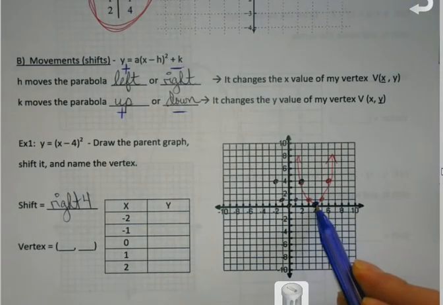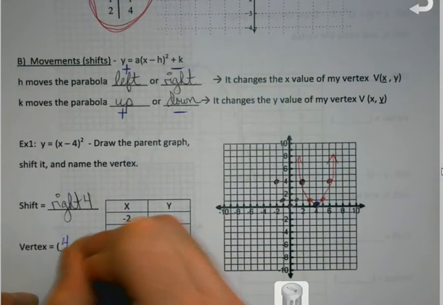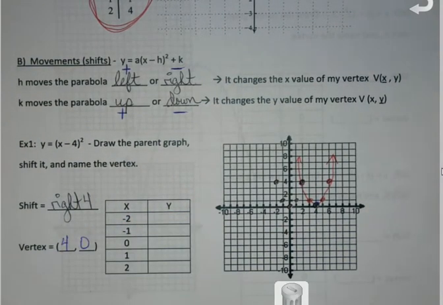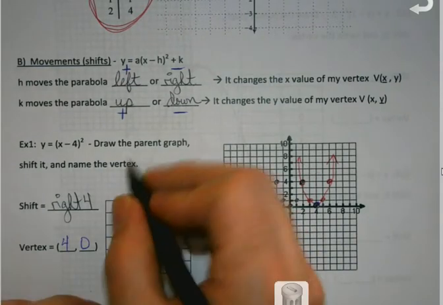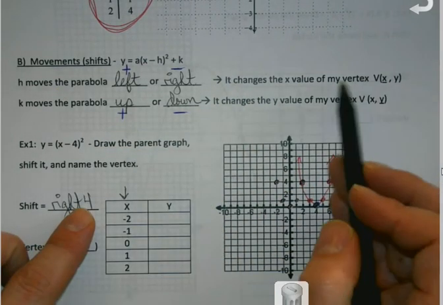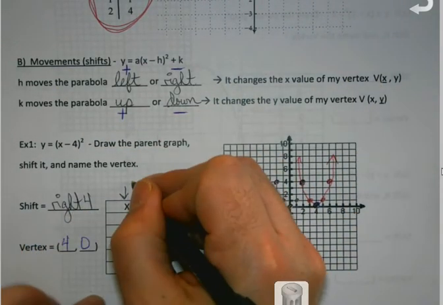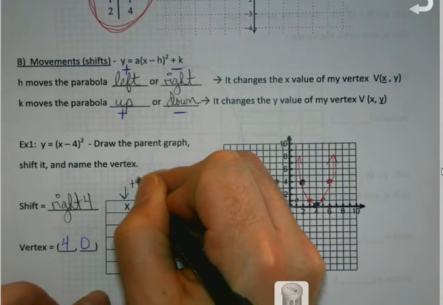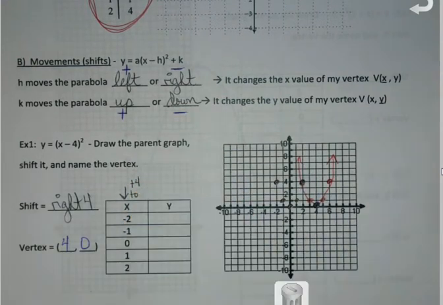Close. 4, 0. You're like, okay, so what's that mean? Well, when I did all of these, this h value moving right changed the x value of my vertex. I added 4 to each of these.